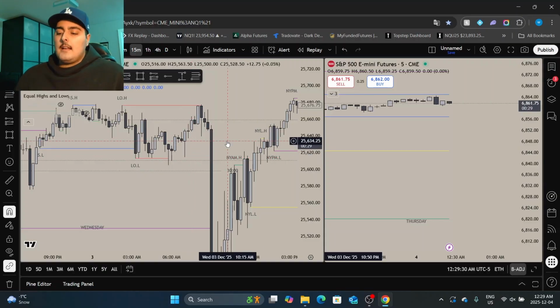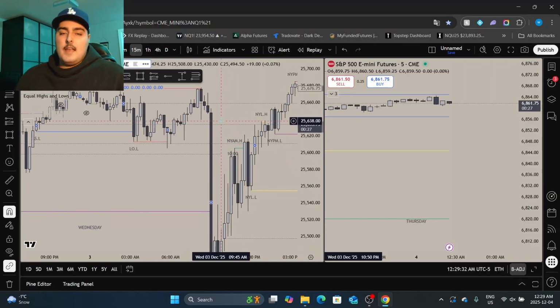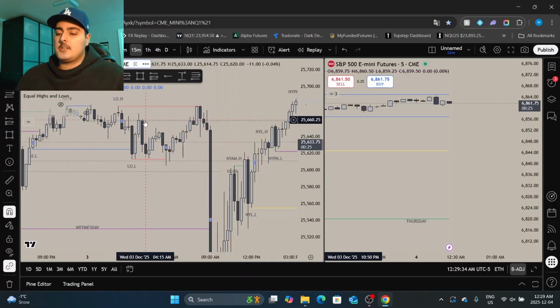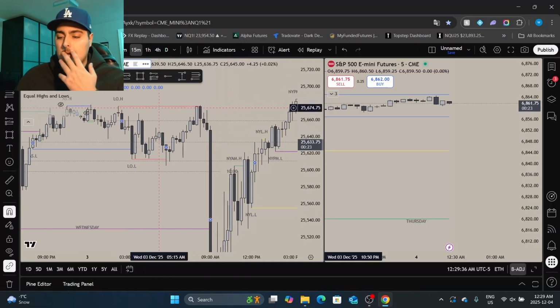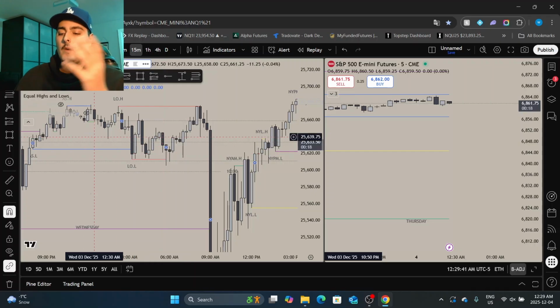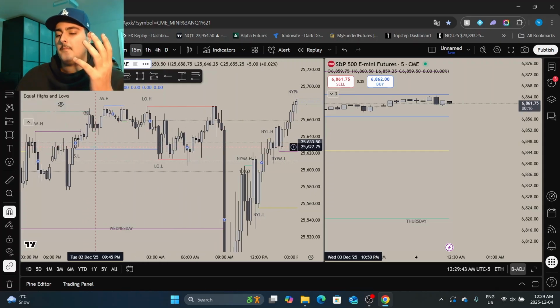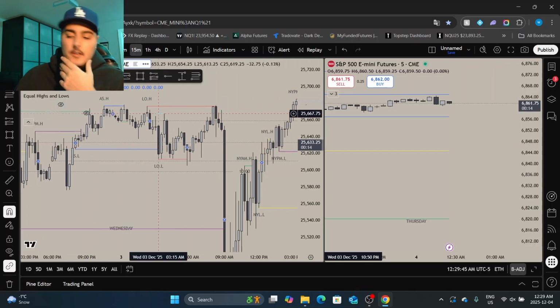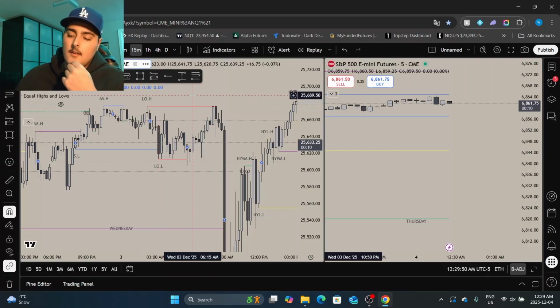It won't happen every single day, but it's just like an added confluence that, if you did sweep London or Asia, whatever the level is, you need to pair that with an entry model and target opposing liquidity.